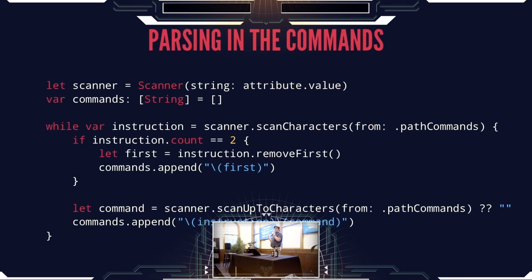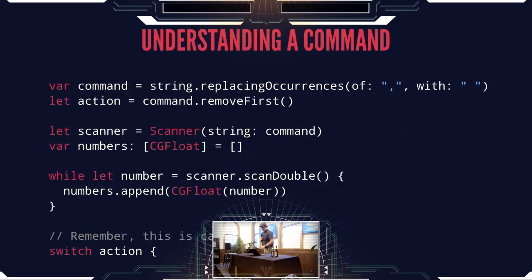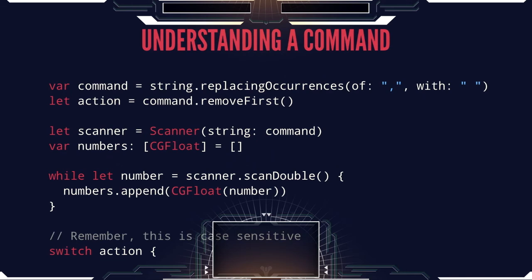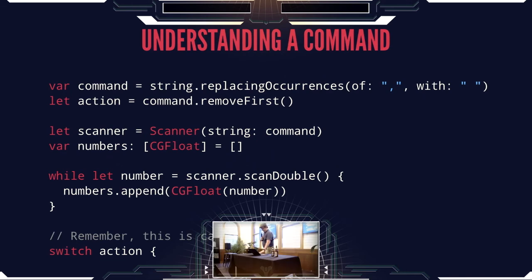So what we need to do is use a scanner, an NSScanner, to just grab all of those coordinates and make sense of them. Again, understanding command. This is stripping out the value like A or M or L and making sure we have that as a single value that we can then say this is a horizontal line, a vertical line, or something like that.